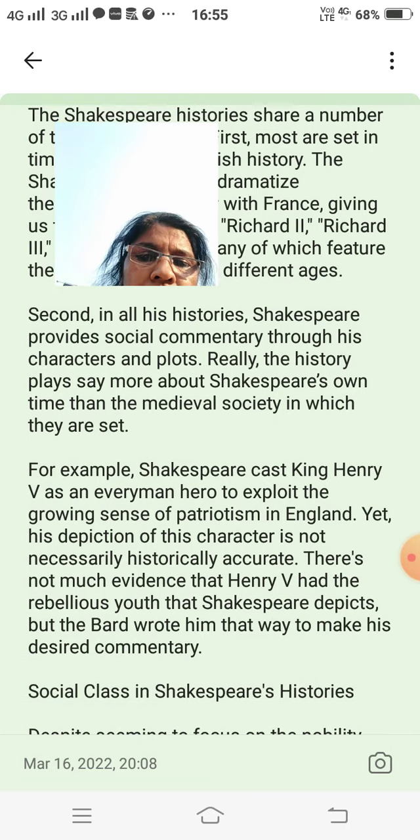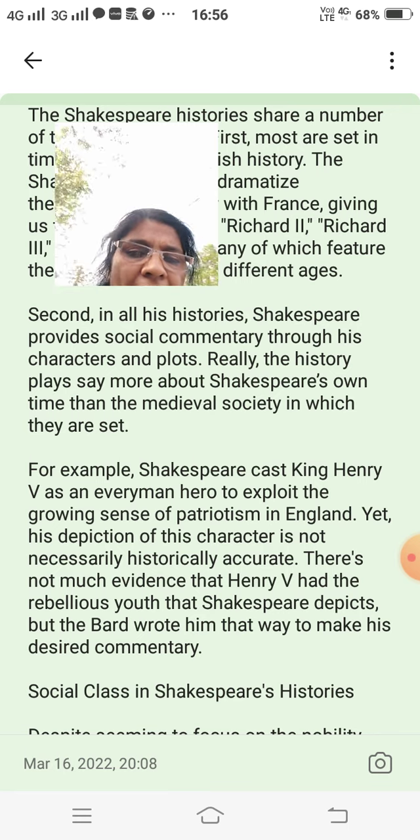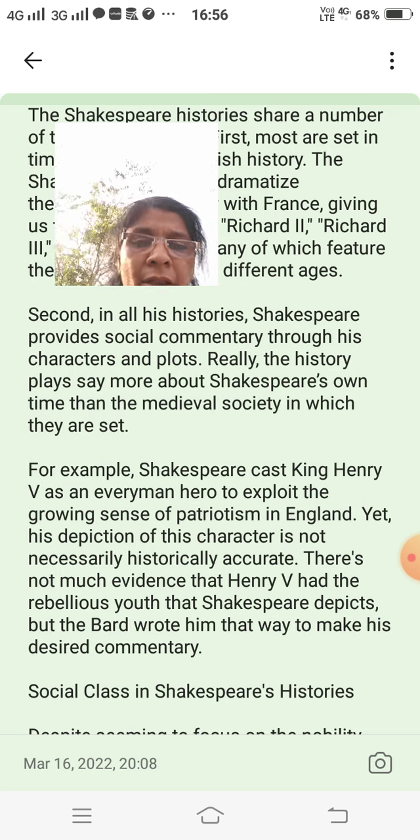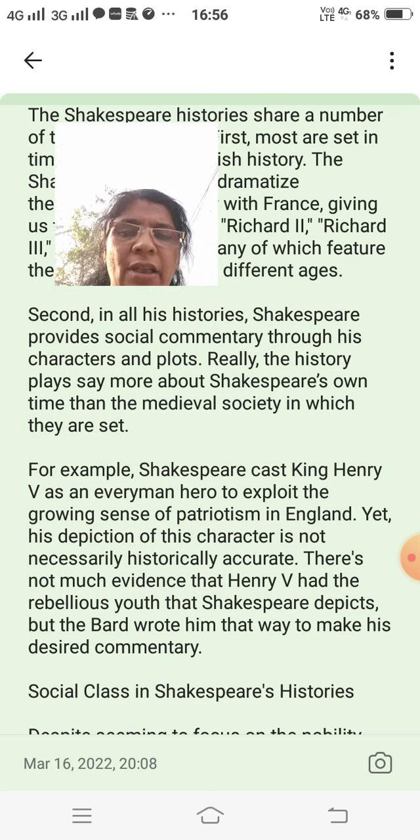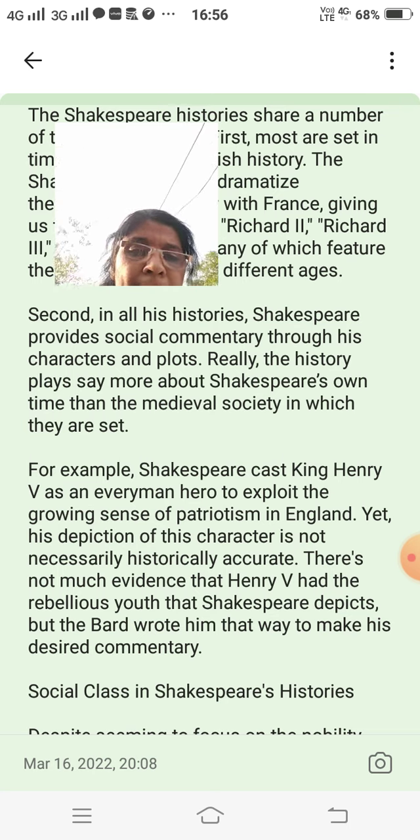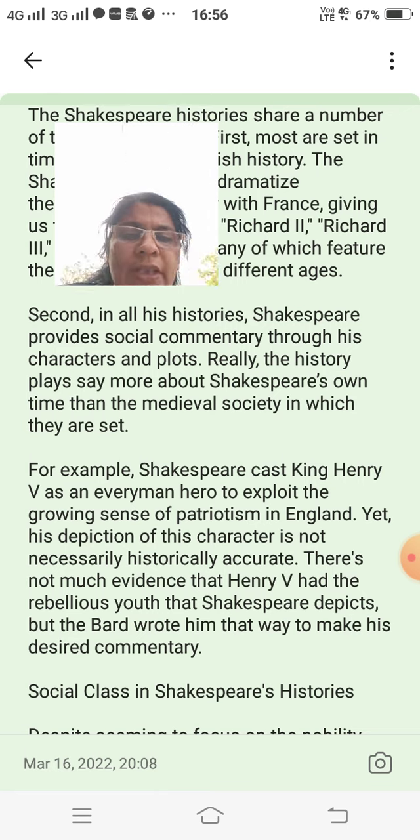For example, Shakespeare portrays King Henry V as an everyman hero to exploit the growing sense of patriotism in England, yet his depiction of this character is not necessarily historically accurate.